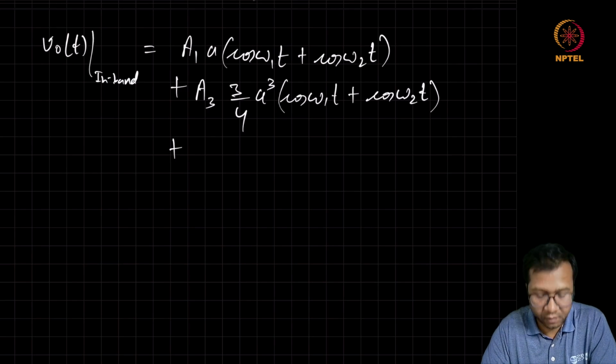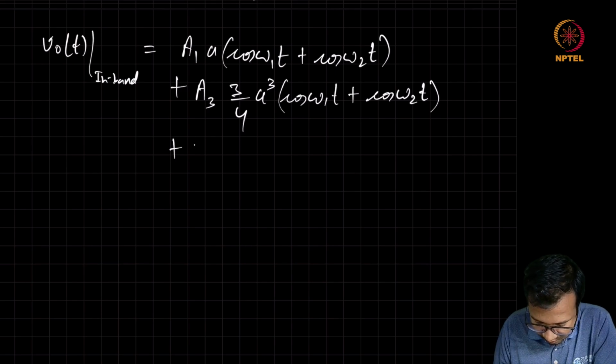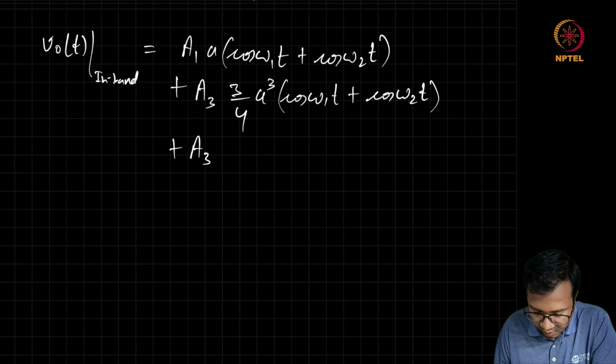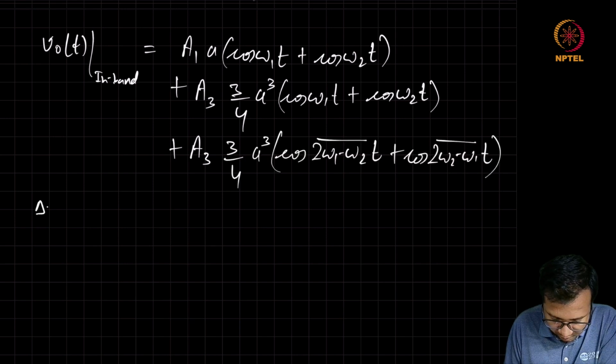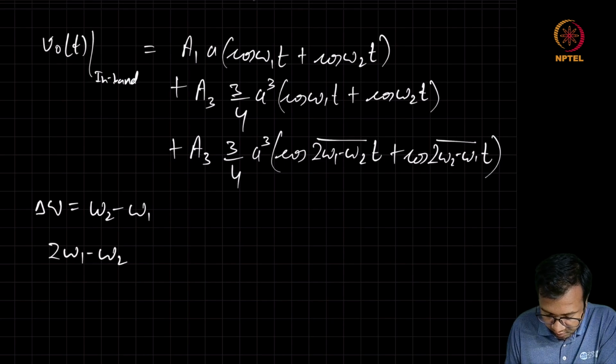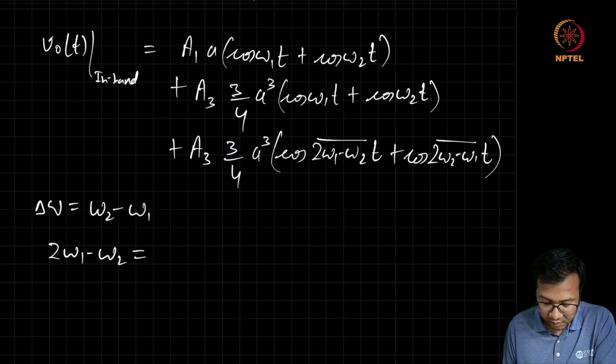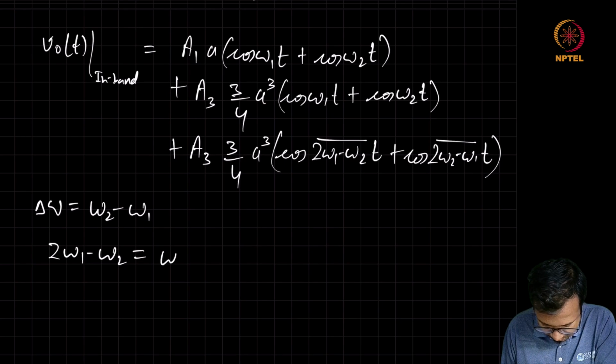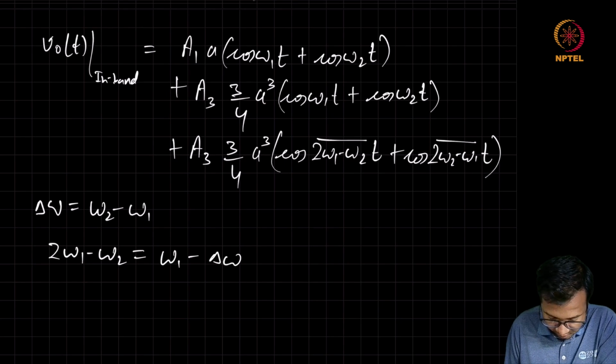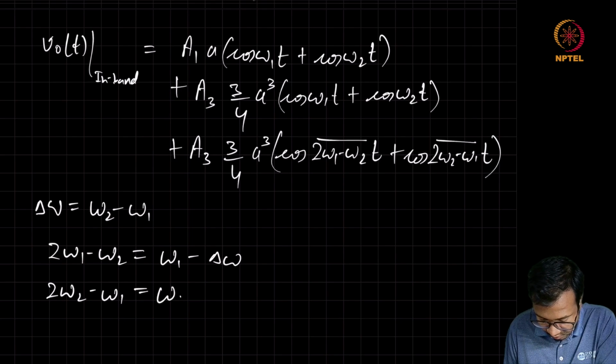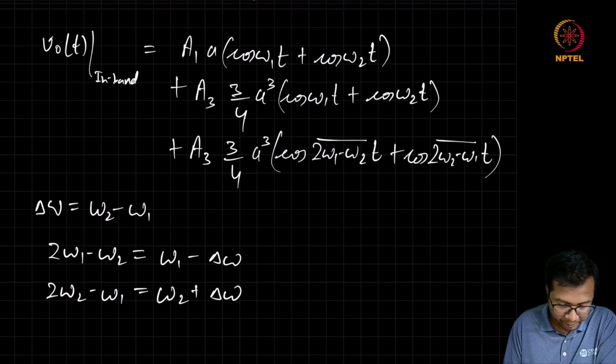Then we have terms due to this cross product, which is going to be A3. If we say delta omega is omega 2 minus omega 1, you can see that 2 omega 1 minus omega 2 is nothing but omega 1 minus delta omega. And 2 omega 2 minus omega 1 is omega 2 plus delta omega.